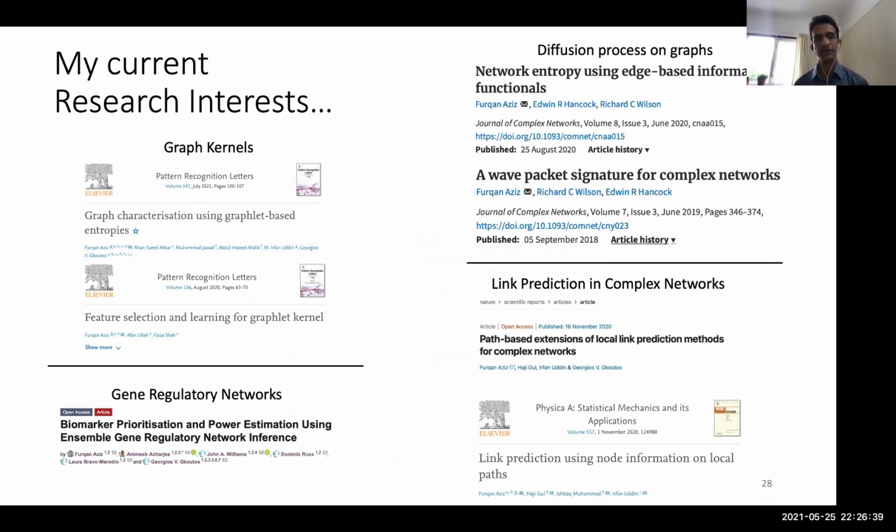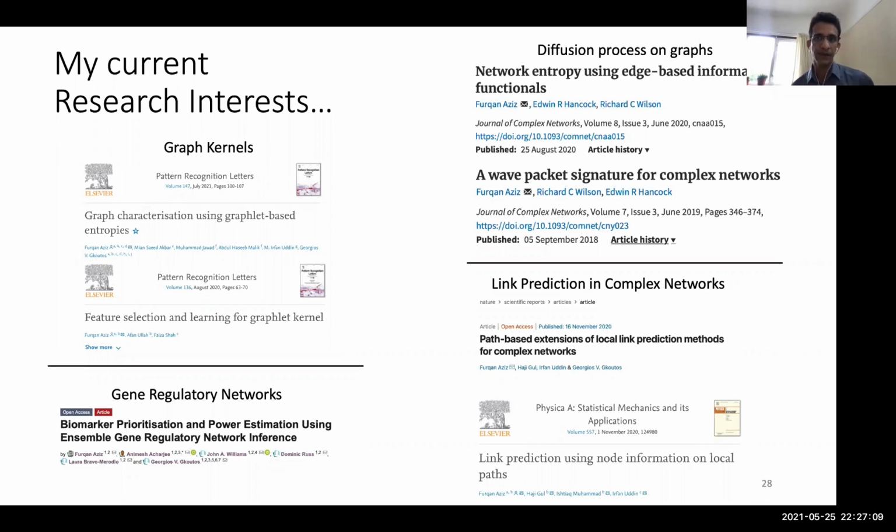My current focus of research at the Institute of Cancer Genomic Sciences includes developing these novel graph-based methods and exploring their applications in more biomedical and clinical settings. For example, very recently we have developed different graph kernels and shown how their efficiency can be improved for biomedical data sets.